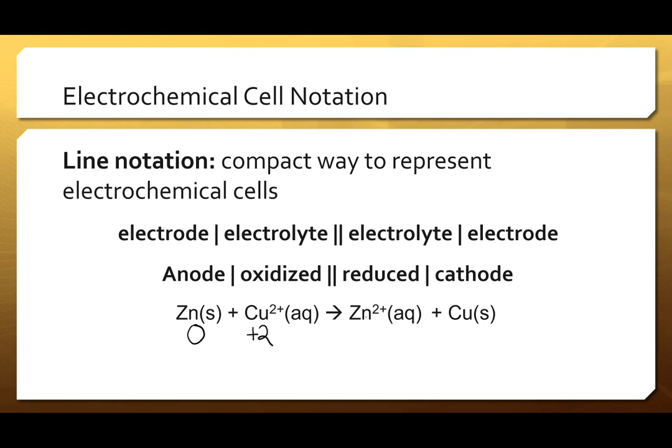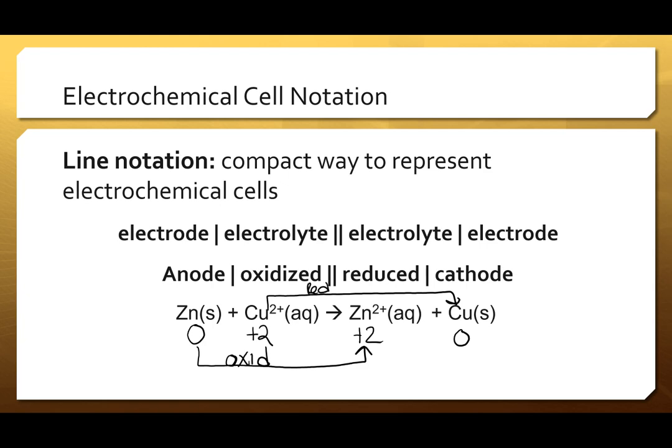On the other side, this zinc would be +2, this copper would be 0. Looking at zinc, it goes from 0 to +2, so that's losing electrons. That's what is oxidized. And copper goes from +2 to 0, and that number is going down, so that is what's being reduced.